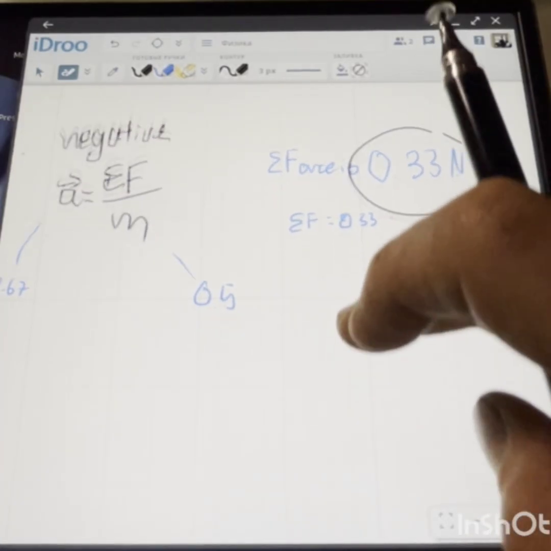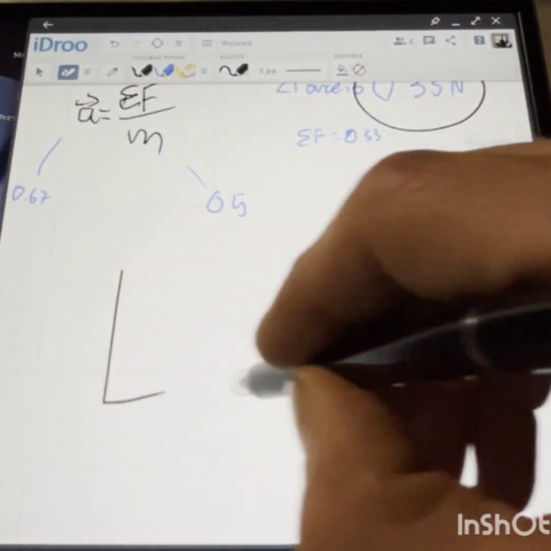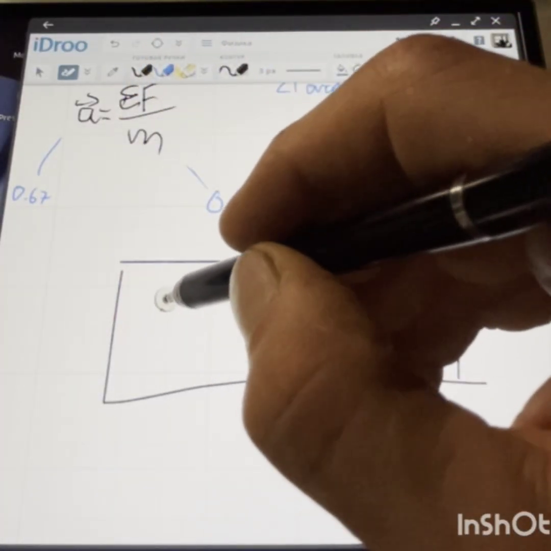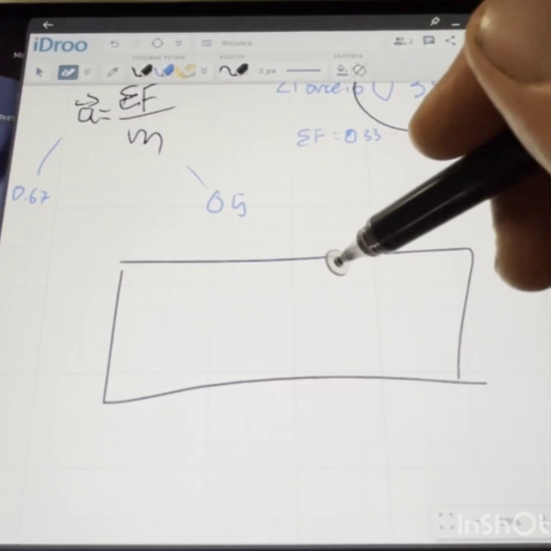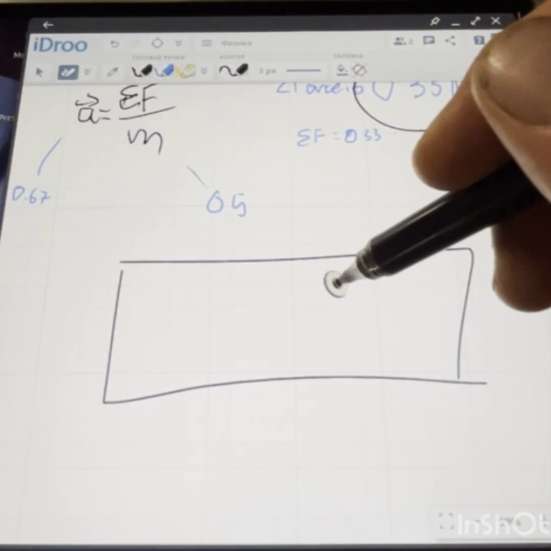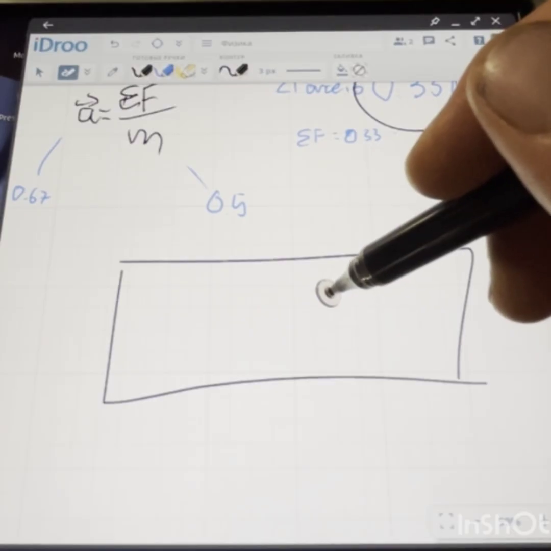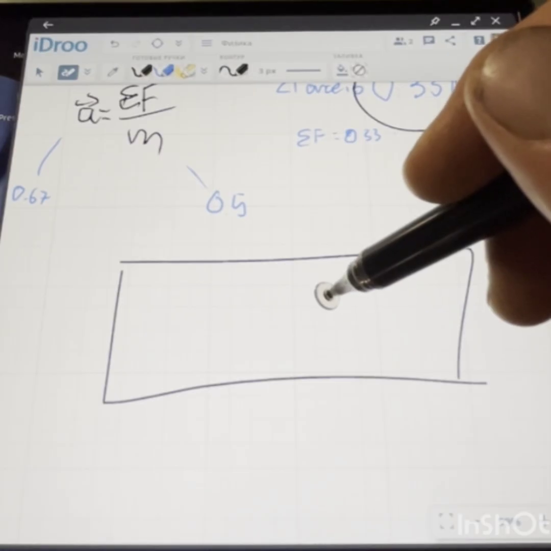Now let's talk about Newton's second law. It would be 0.33 plus 0.10. The force of the fan on the car is negative 0.43.